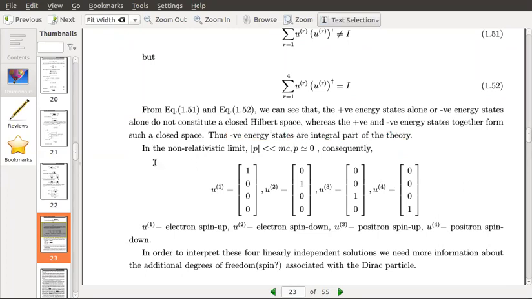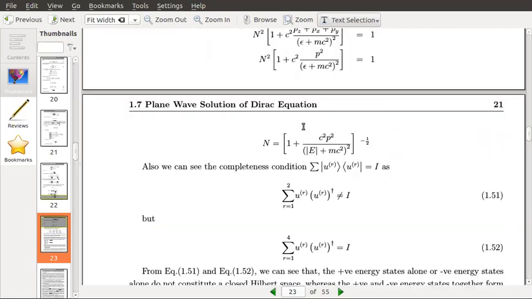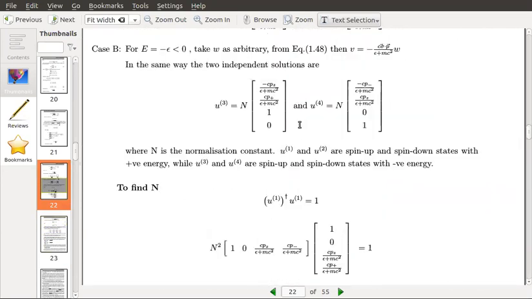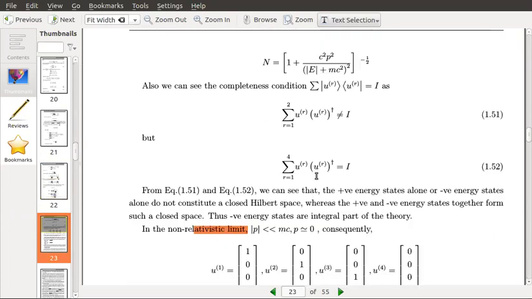Now you go back and apply the non-relativistic case, put p far less than mc, that is the case. Then in this expression you apply this condition, p is very far less than mc, or p is approximately 0.